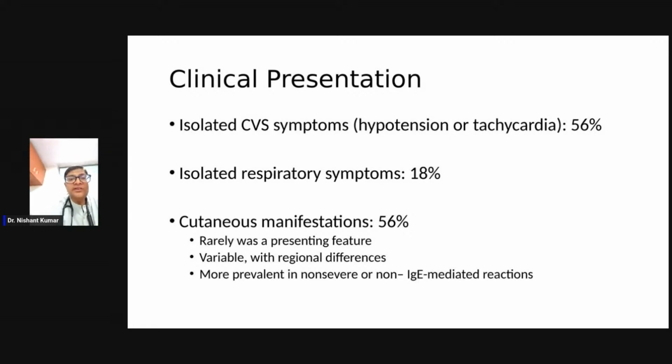The cutaneous manifestations are also as high as the CVS manifestations, which are 56%, which unfortunately are hidden under the drapes and not visible to the anesthesiologist. And cutaneous manifestations are not usually a presenting feature, and it is variable in different populations, and it is more prevalent in non-severe or non-IgE mediated reactions rather than IgE mediated reactions. Next, please.